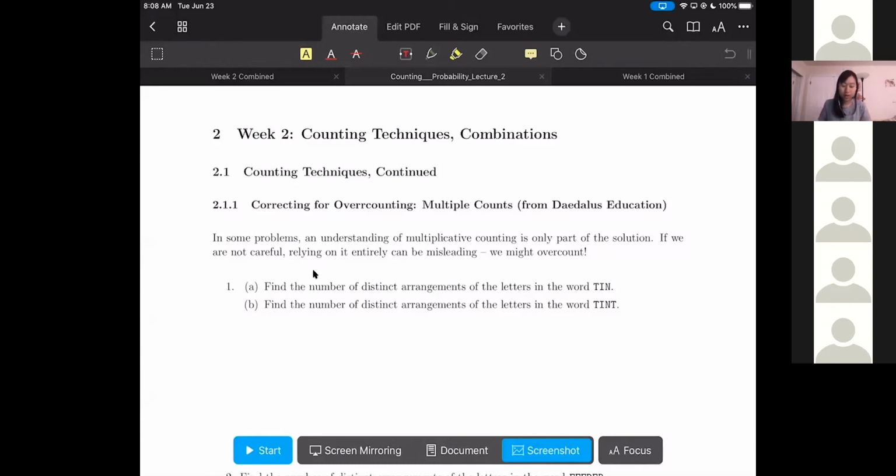Cool. So last week we covered a lot of counting techniques for counting permutations. We'll do a really quick review, but this week we're going to talk about slightly more complicated techniques. How do we correct for overcounting when there's more restrictions in what we're trying to count?